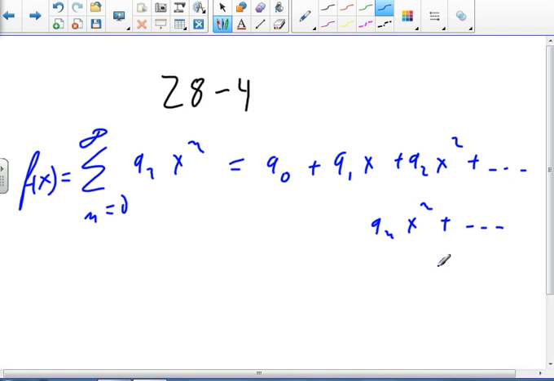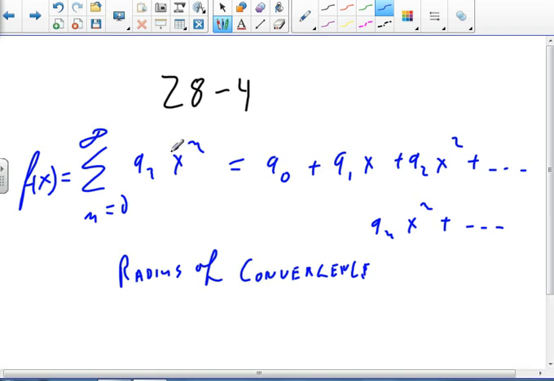Okay, now, this series is going to have some radius of convergence. So there's some x's that I could put there that this is going to converge, and some x's that it won't converge.